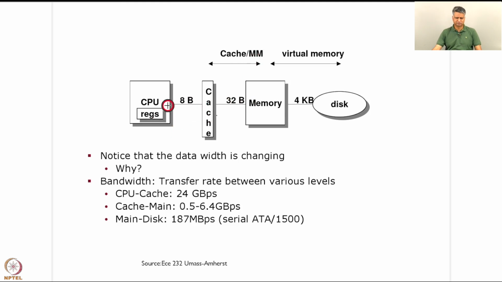The amount of data pumped from CPU registers to caches is of the order of bytes. From cache to memory it is about 4 times that, about 32 bytes. From memory to disk, it's about 4 kilobytes. So you can notice that the data width is actually changing.